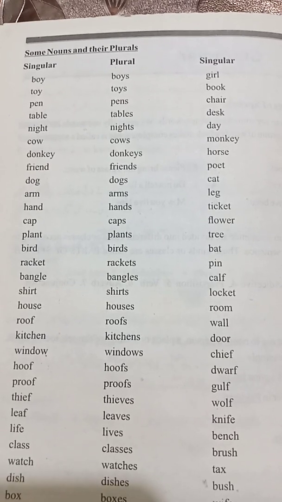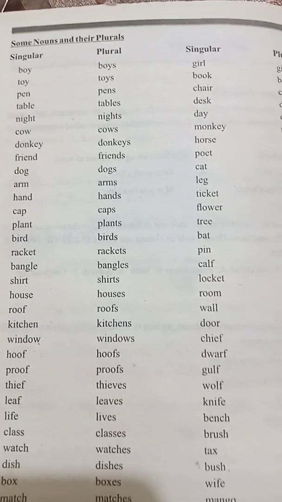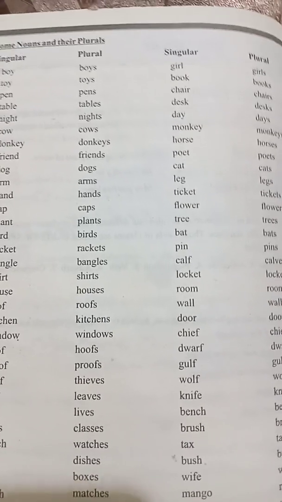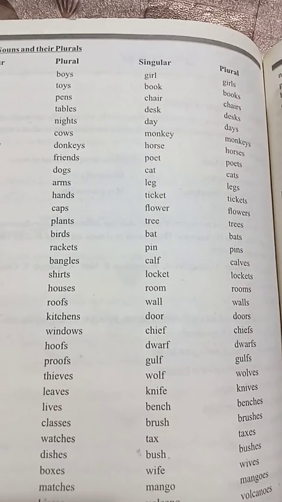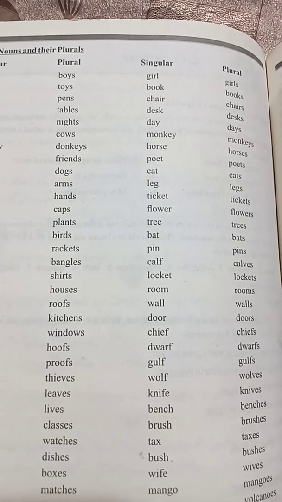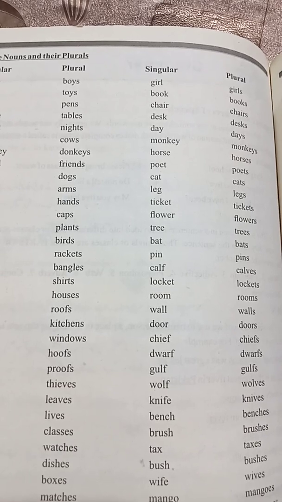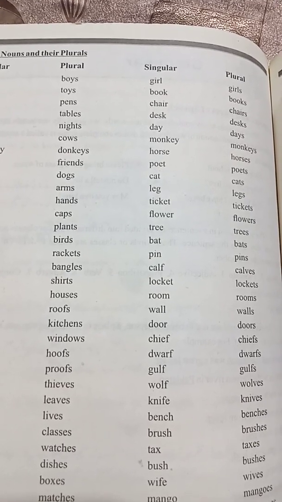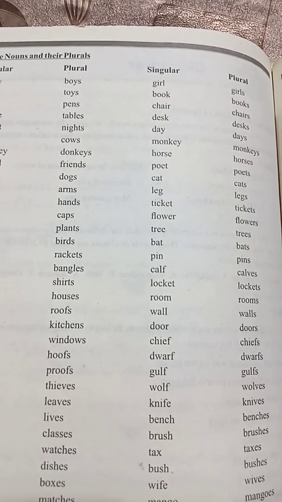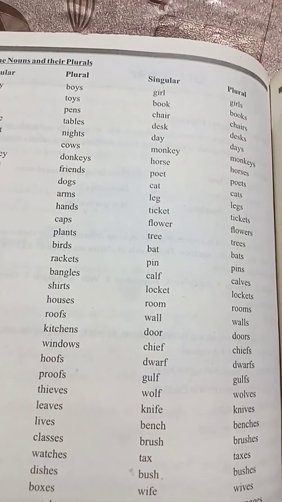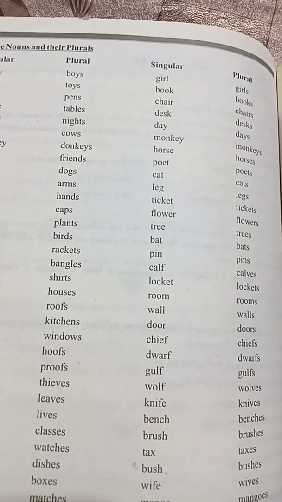Another example: if the word is ending with f or fe, we will skip that f or fe and write ves to make them plural.